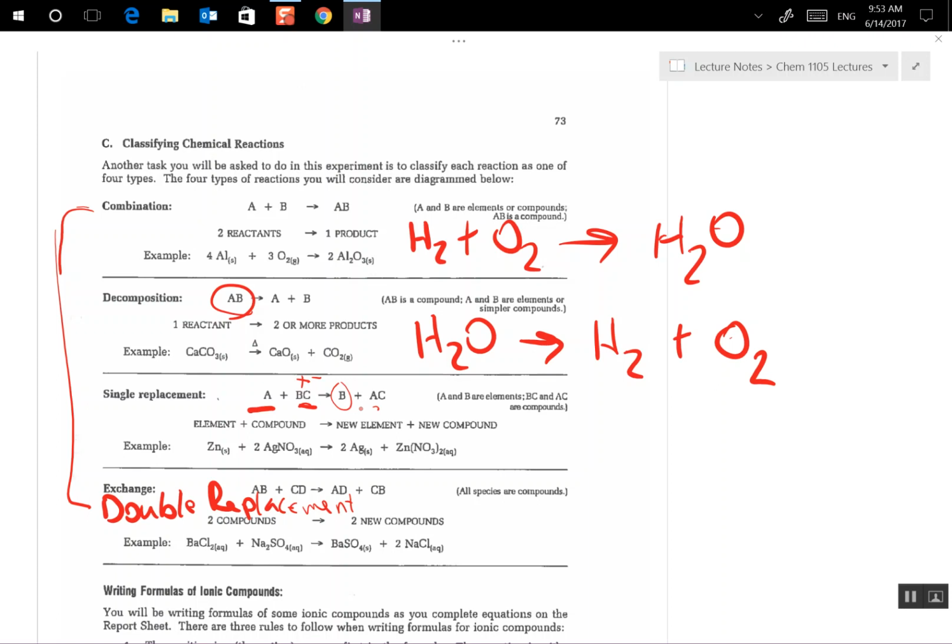That's a single displacement reaction. So B plus AC is the product.